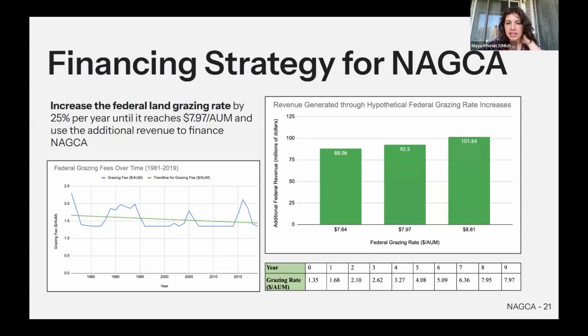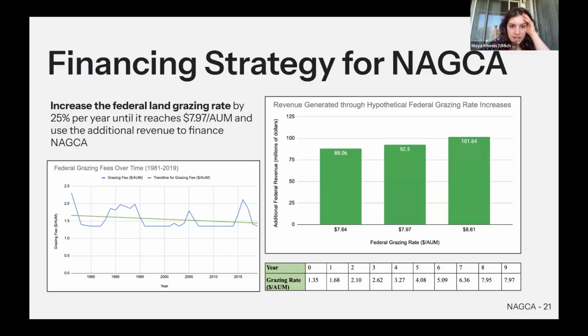And currently, the grazing rate is $1.35 per month, which is very low. This program, where ranchers can graze on public land, was established in 1981 with a rate of $2.31. And even though inflation has gone up since then, the grazing rate has actually decreased.